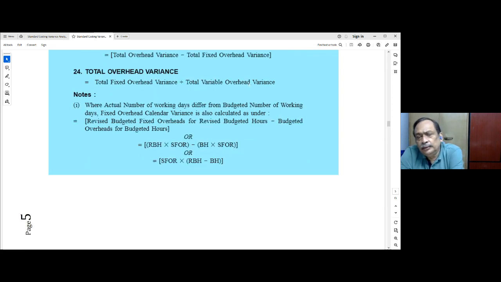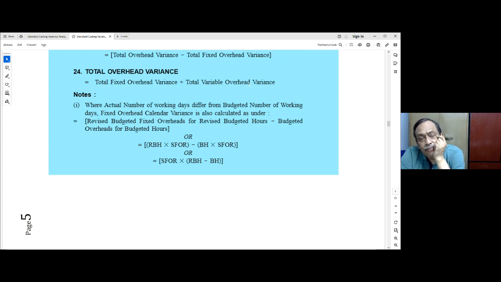Now, please look into these notes, which are very important. Where the actual number of working days differs from the budgeted number of working days, fixed overhead calendar variance is also calculated as under. That is revised budgeted fixed overhead for revised budgeted hours minus budgeted overheads for budgeted hours.